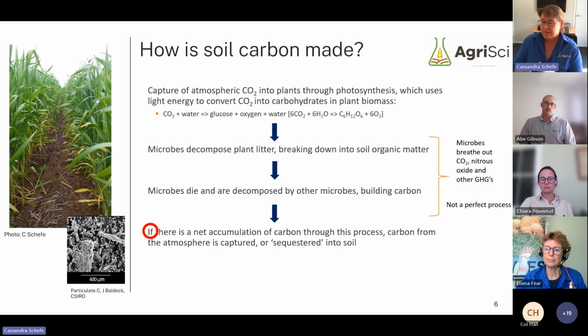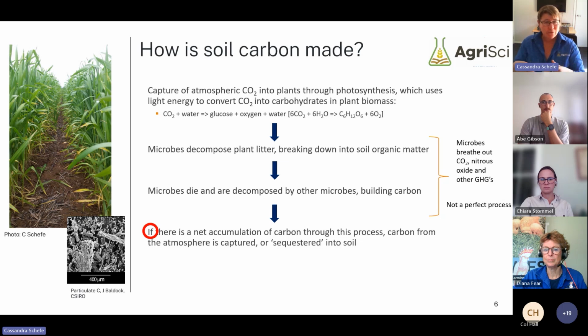However, what we know is that this process is not perfect. We know that microbes, like us, a lot of the microbes in our system, breathe in oxygen and they breathe out CO2. So we've got all this organic matter in the system, but by default where we have organic matter, we also have a lot of microbes.